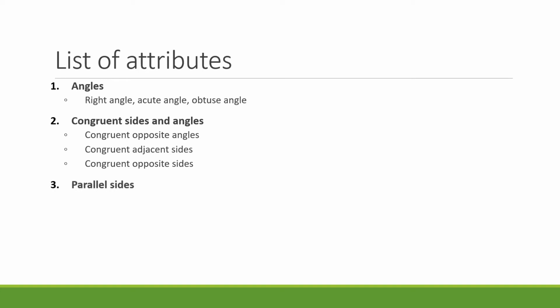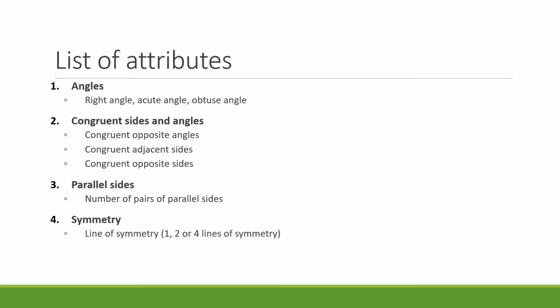We can also talk about having parallel sides. Remember, sides should not meet if they're parallel. So parallel sides only occur with opposite sides. And we can count the number of pairs of parallel sides. Maybe you have none, or maybe you have one or two. We can also talk about some symmetry.